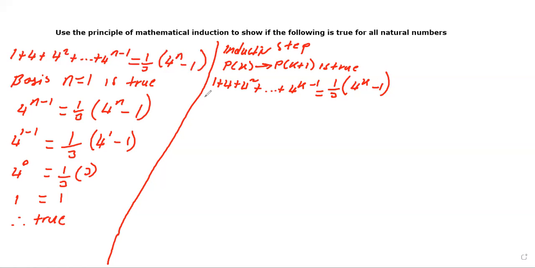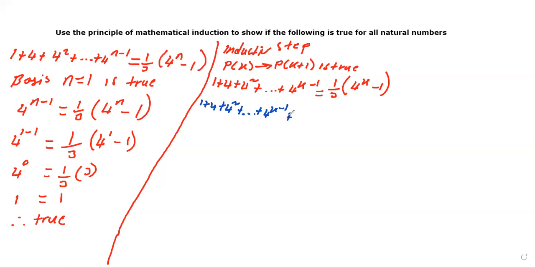So for P of k plus 1, we're going to have 1 plus 4 plus 4 squared plus ... plus 4 to the k minus 1. And then we have another term because it's P of k plus 1.